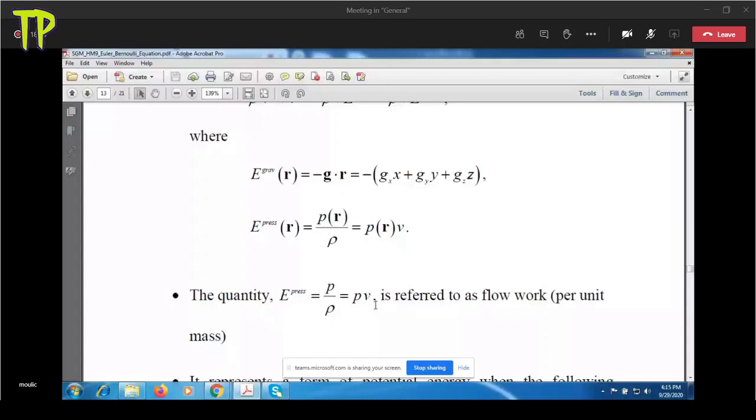So if you have a small particle of mass dm, when it moves, it pushes the fluid ahead of it, and in the process it does a work which is PV multiplied by dm.